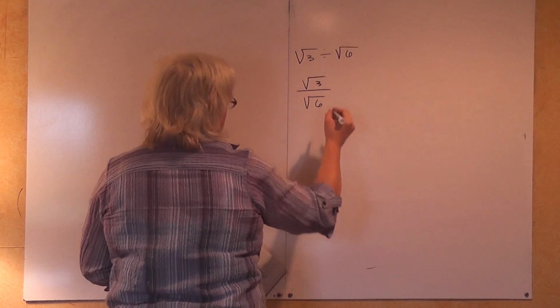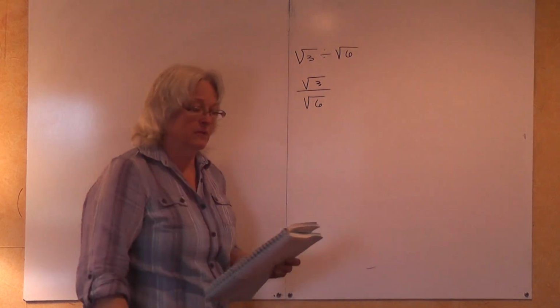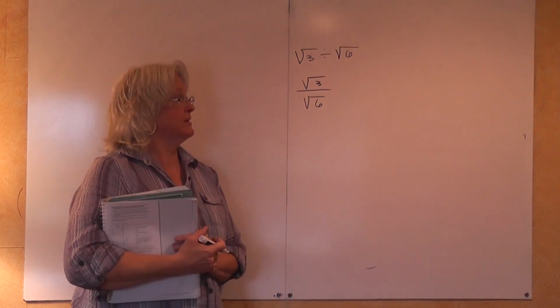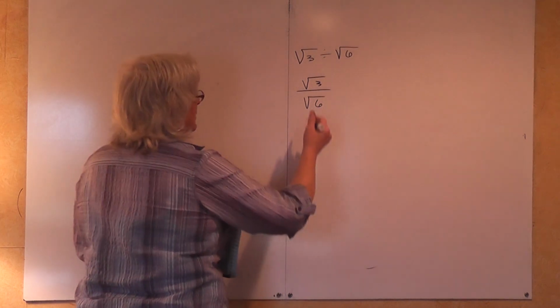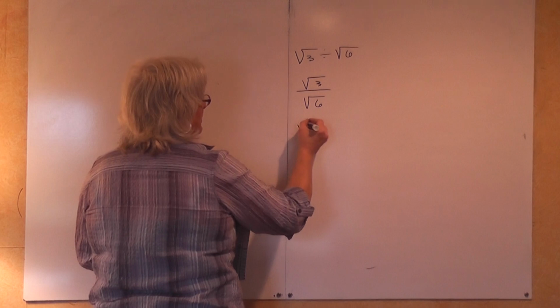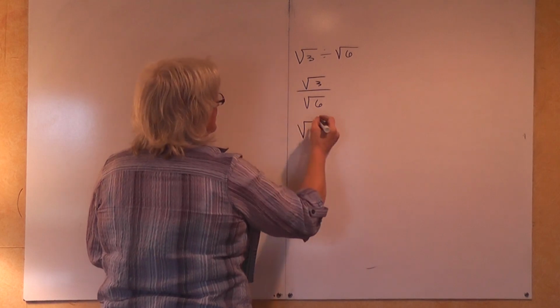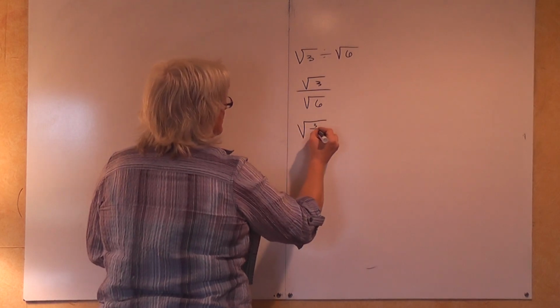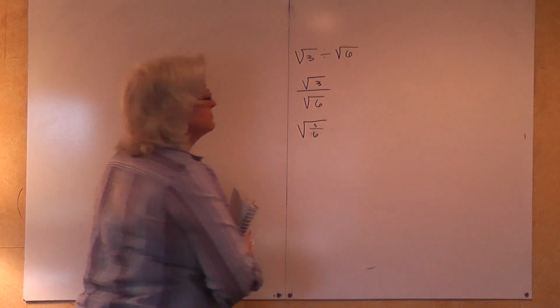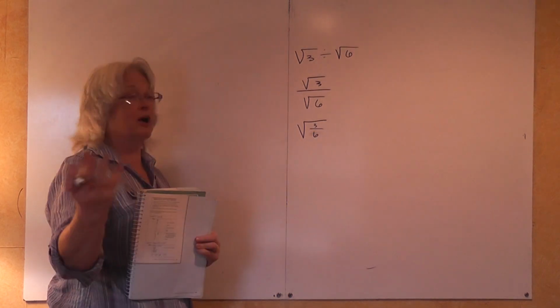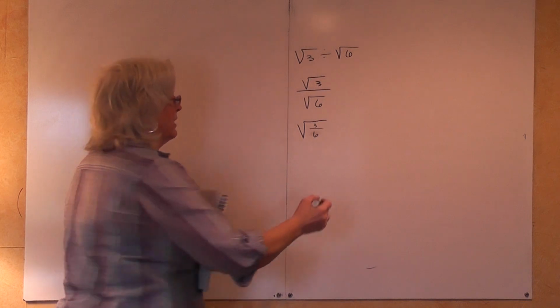Square root of 3 divided by the square root of 6. It's not necessarily real helpful yet, is it? But we can use our division property that tells us that this is the square root of 3/6, can't you? Okay, and now you have a fraction that you can simplify.